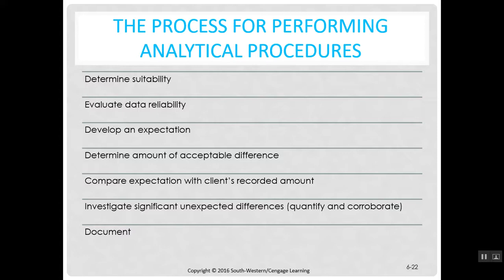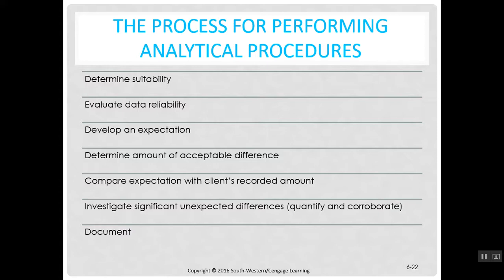So if you're comparing year over year, you need to determine the amount of acceptable difference. So if it's more or less than 5%, you need to say how much is acceptable to you. So 5%, 10%, 0%, you have to develop your expectation and the amount that's tolerable.